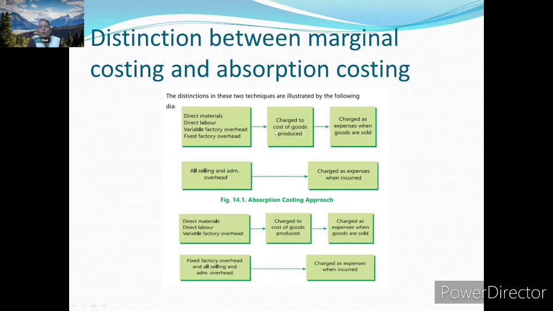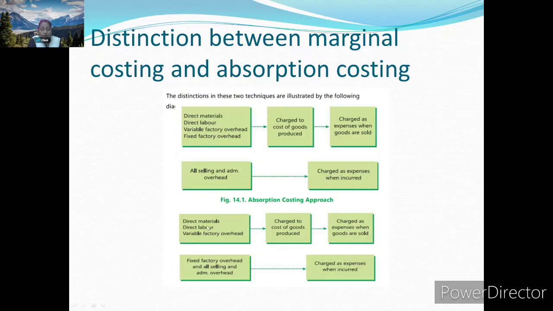The change to cost of goods produced, charged as expenses when goods are sold. All selling and administration overheads charged as expenses while income. Okay, here this is the absorption costing approach. Here, direct materials, direct labor, variable factory overheads are charged to cost of goods produced, charged as expenses when goods are sold.